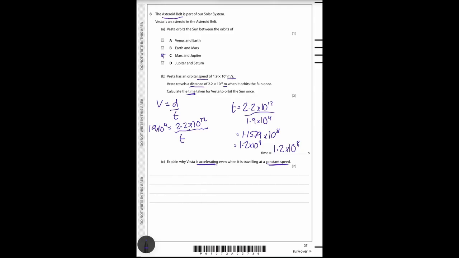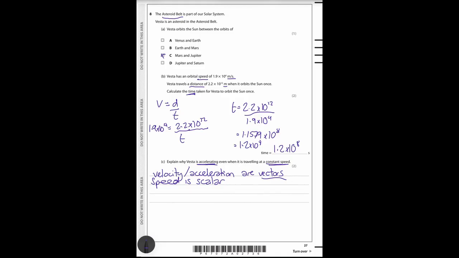So if it's traveling in an orbit, the first thing that I'm going to say is that velocity and acceleration are vectors. Speed is a scalar. I'm just going to use all the keywords that I can in there. And then that means that even though it's traveling at a constant speed, if it's a vector, it must be changing direction.